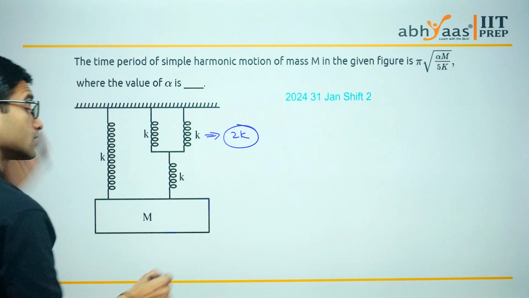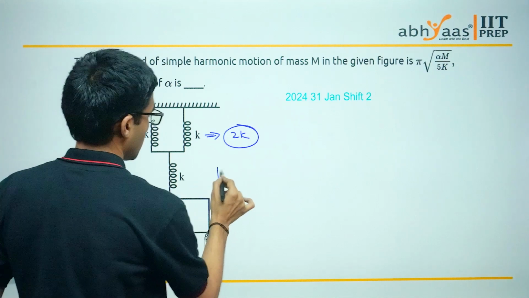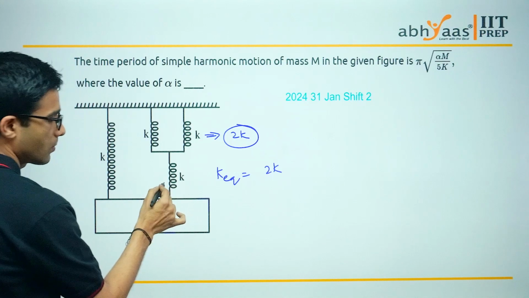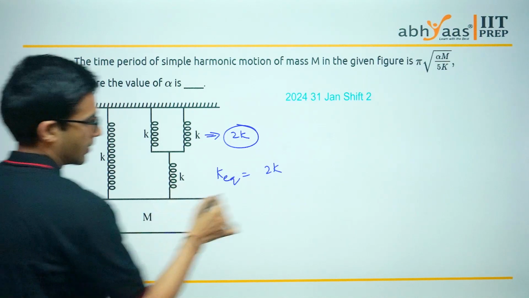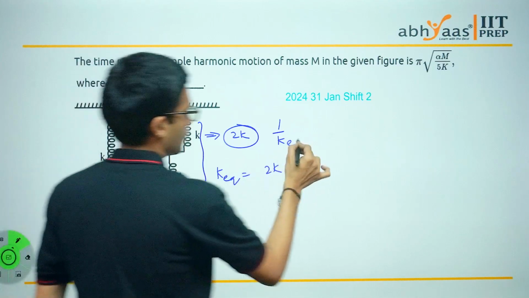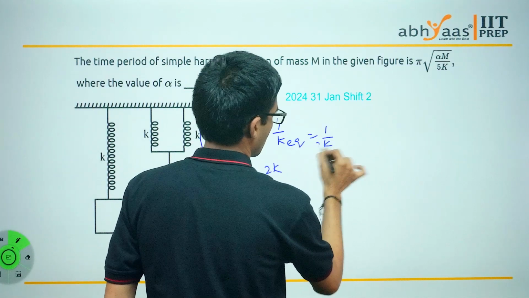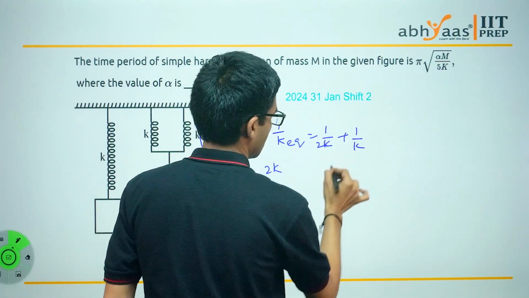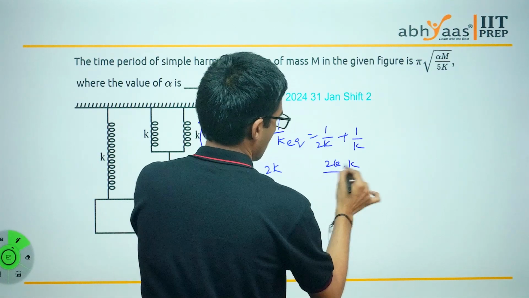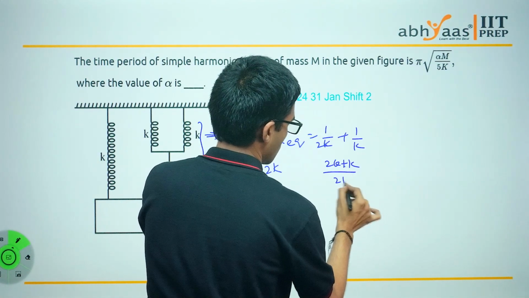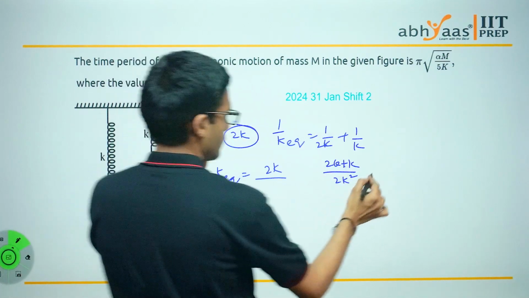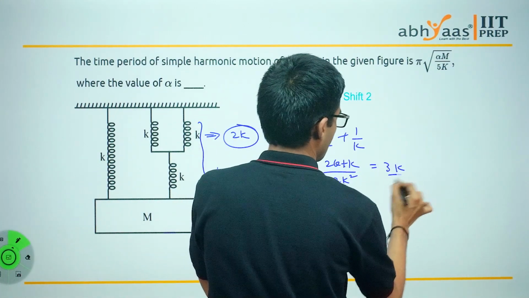Here in series, what happened? K equivalent: series means 1 by k equivalent equals 1 by 2k plus 1 by k, that is 2k plus k by 2k square, that is 3k by 2k square.